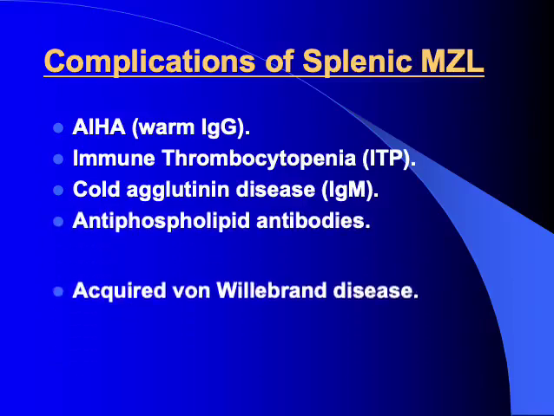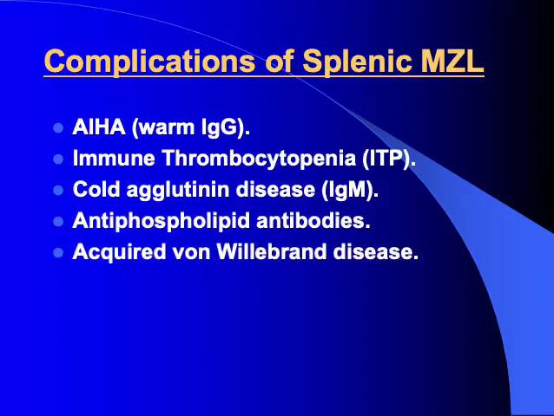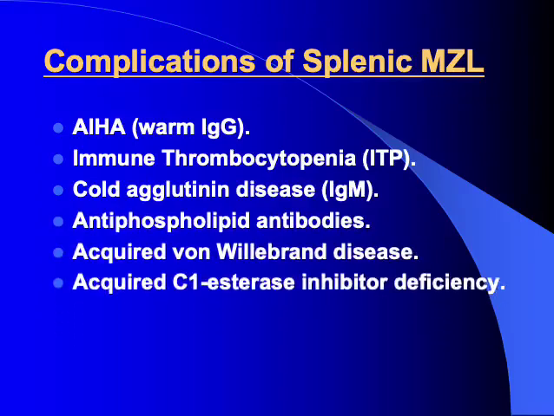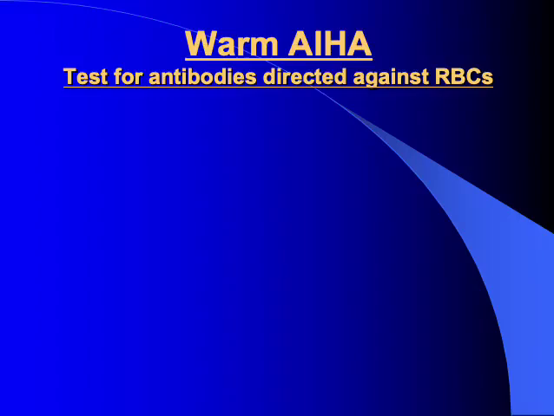Antiphospholipid antibodies. Acquired von Willebrand disease. Acquired C1 esterase inhibitor deficiency. Let us review those complications one by one because as an internist or general practitioner you may see this patient in the hospital or in your clinic and you have to deal with them and treat them.